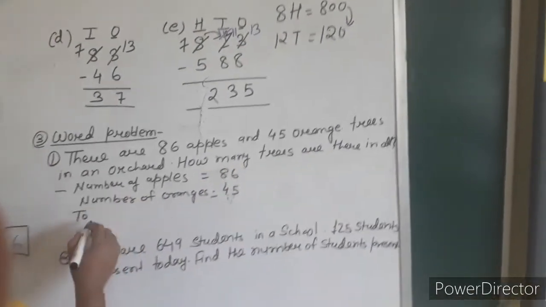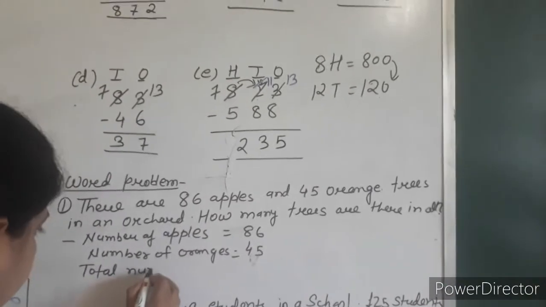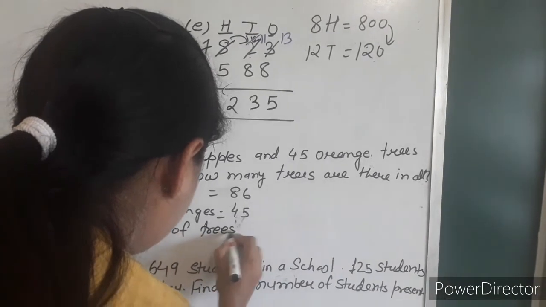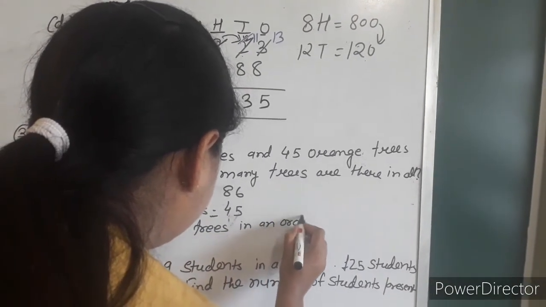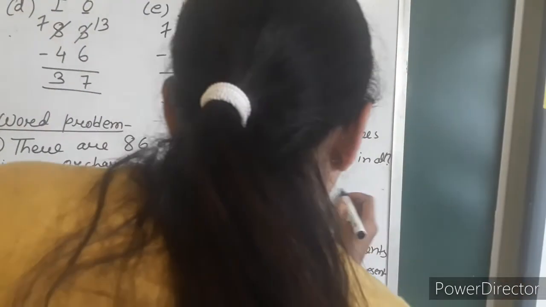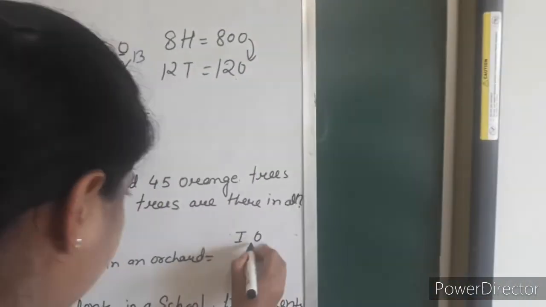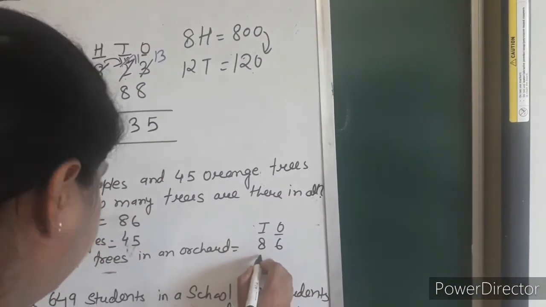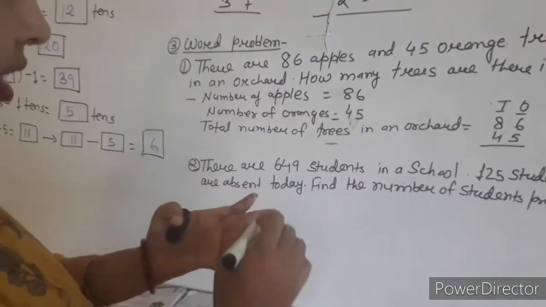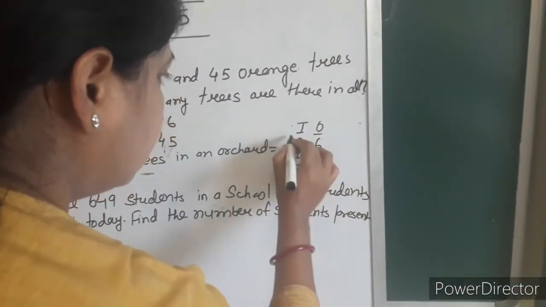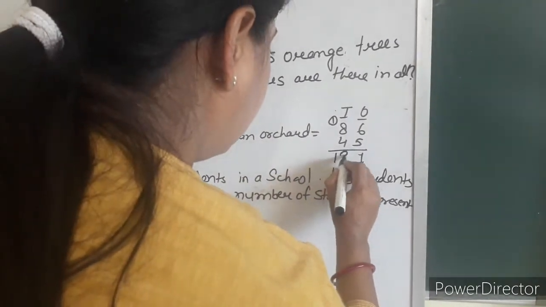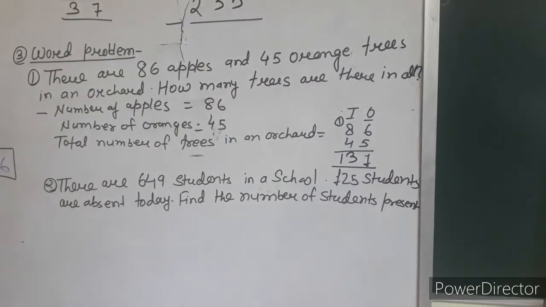You have to find how many trees are there. Total number of trees in an orchard. Right, tens, ones. 86 plus 45. 6 plus 5, 6, 7, 8, 9, 10, 11, 1, and this one will become here 8, 9, 10, 11, 12, 13. So this one is 13.